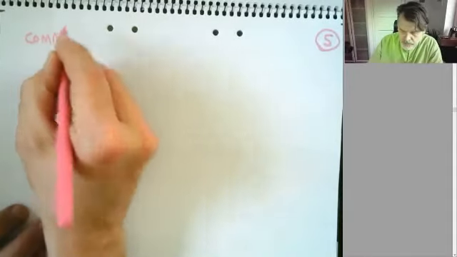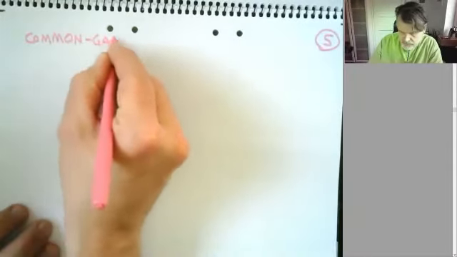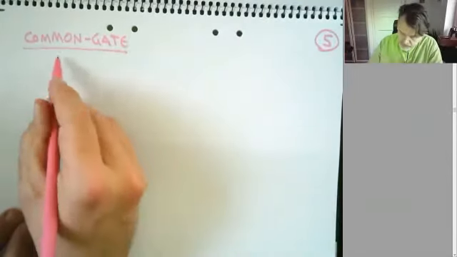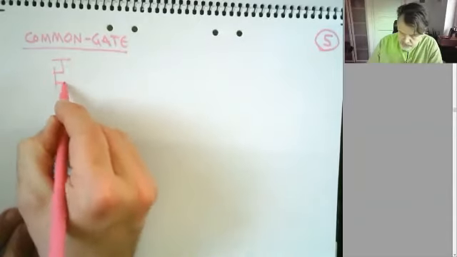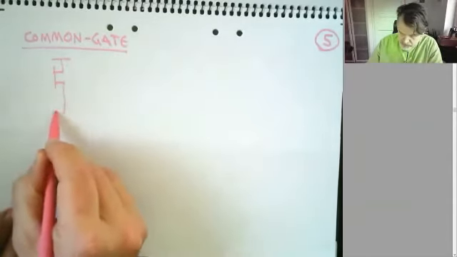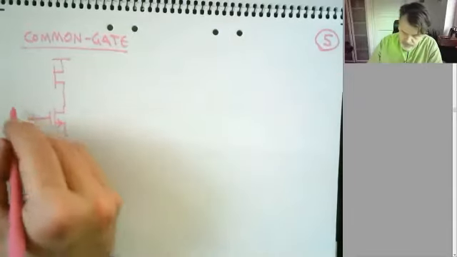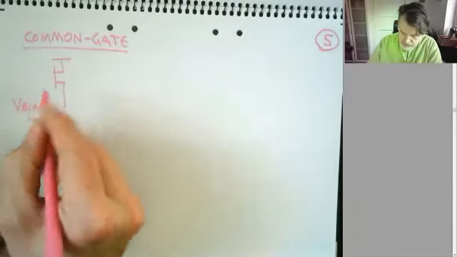All right, so that's going to be the common gate amplifier. So the gate is now going to be grounded. So we have a current source at the top and an NMOS transistor with the bias voltage here now.